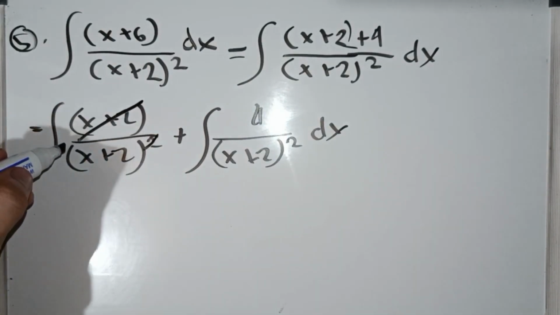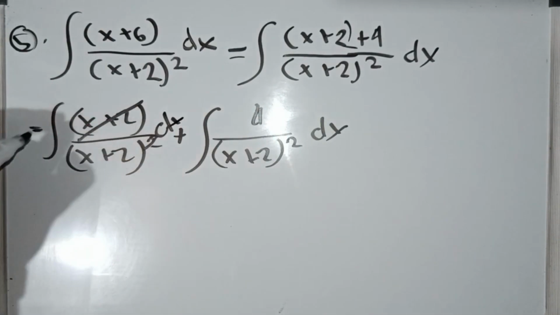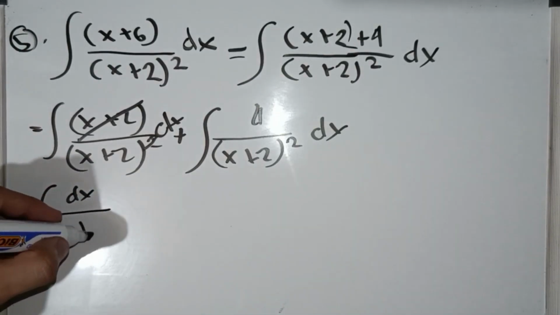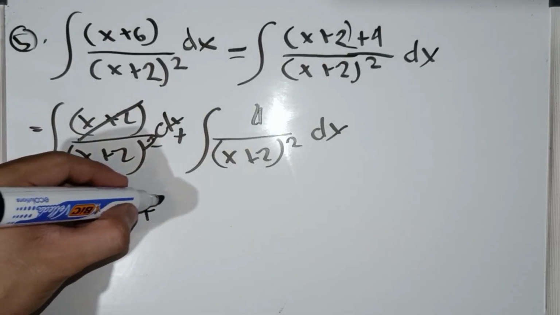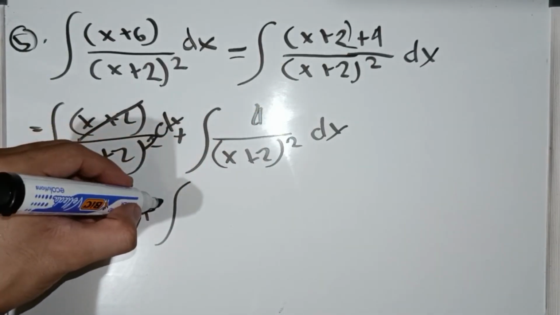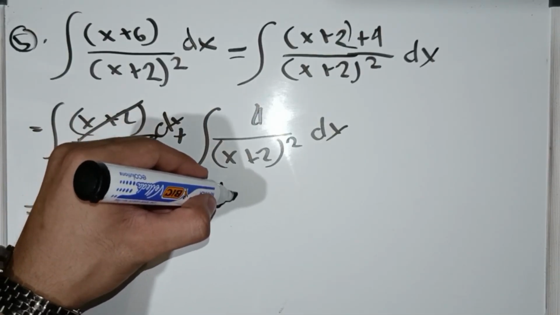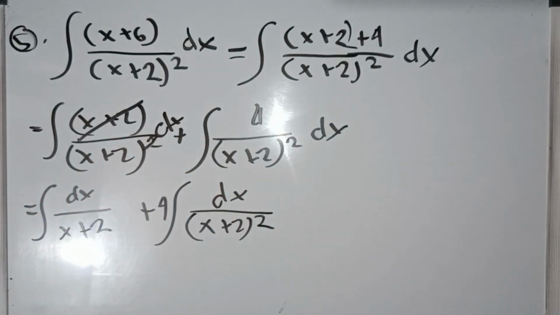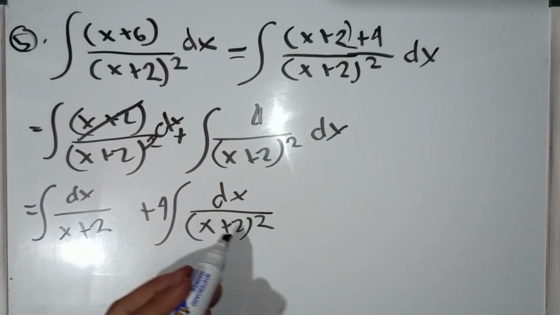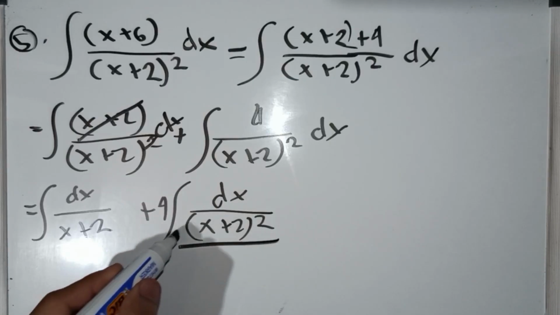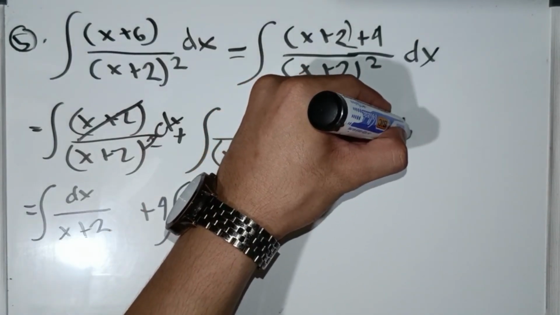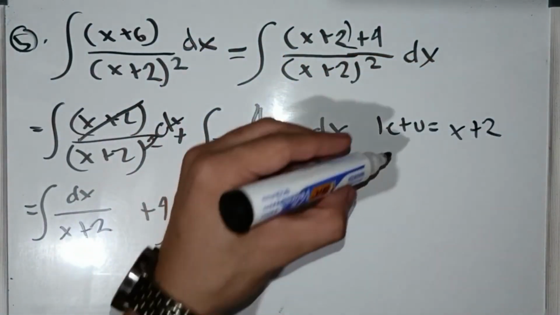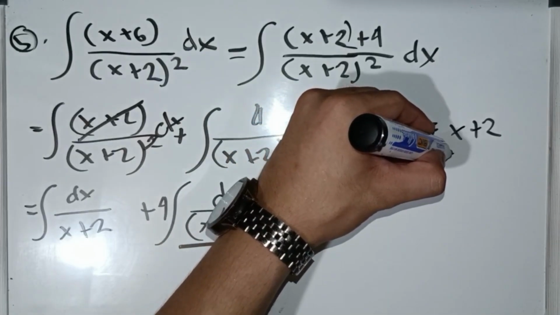So cancel this one. So let's write this as equal to the integral of dx all over x plus 2 plus a constant 4, the integral of dx all over x plus 2 squared. So here we can use the u substitution for us to get the dx over x. So letting u is equal to x plus 2 and derivative of u, which is dx.